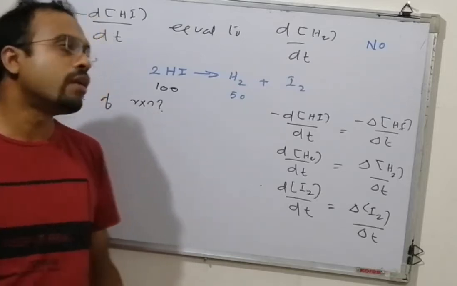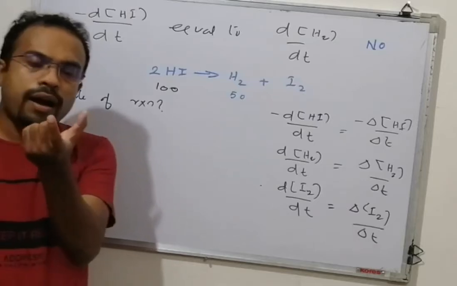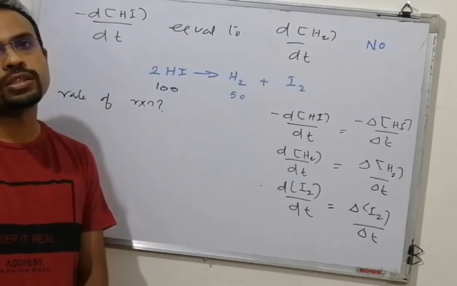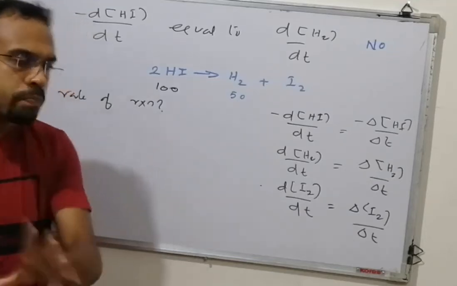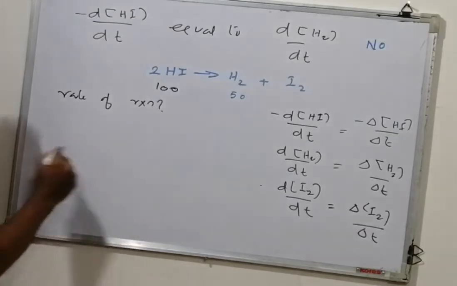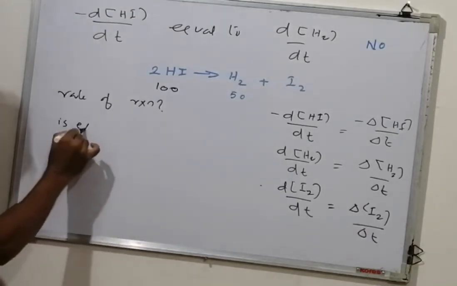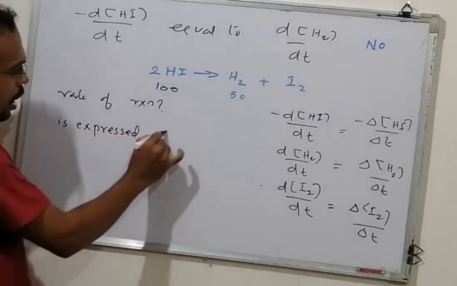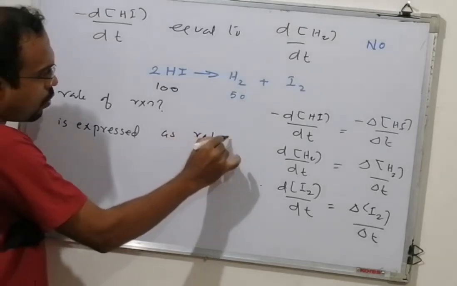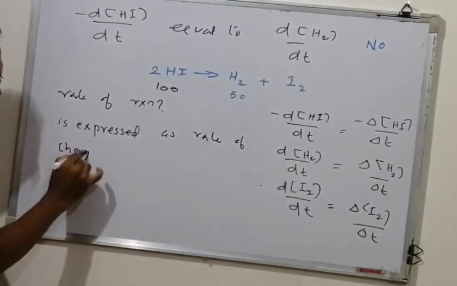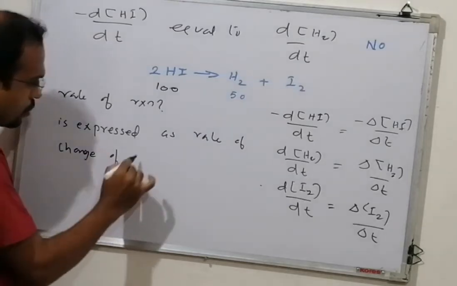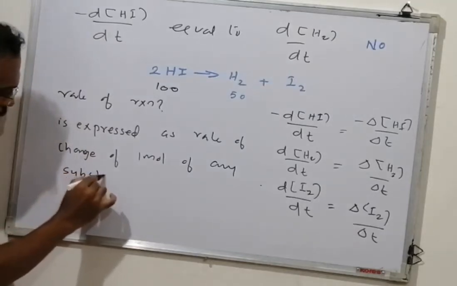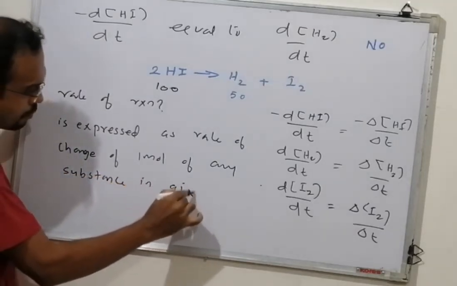That will be possible when you get the same rate whatever the reactant or product chosen. This is possible when rate of reaction is expressed as rate of change of 1 mole of any substance in a given time.